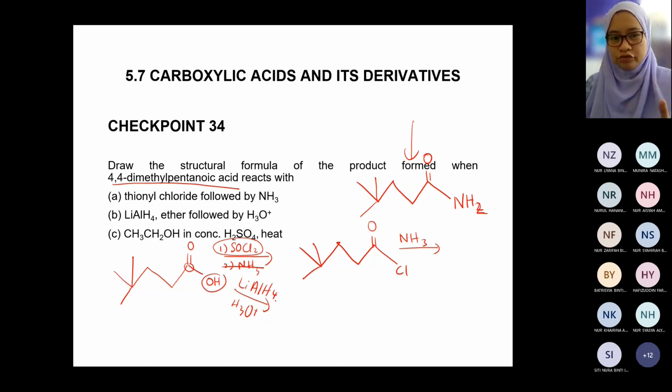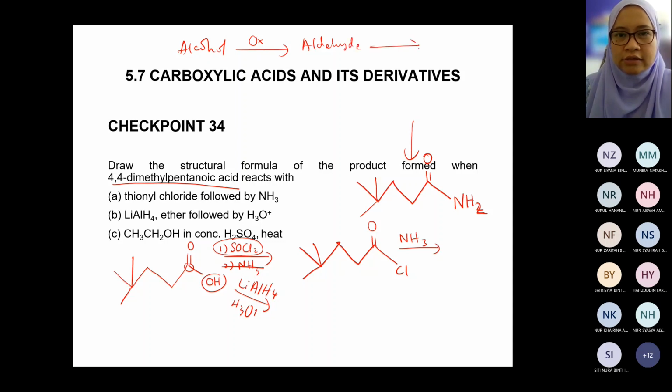So it will be reduced to alcohol sebab dia very strong. Dia tak berhenti dekat carboxylic acid. Kalau oxidation, alcohol oxidize jadi aldehyde, like I said tadi. Oxidize, jadi carboxylic acid. So kalau you nak reverse, reduce, jadi aldehyde, then reduce, jadi alcohol.